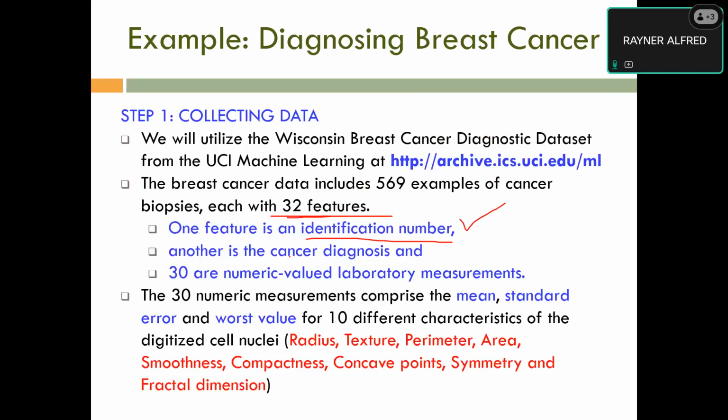Another one is the cancer diagnosis, so this is your label. The other 30 are numeric laboratory measurements. Notice that all these values have different ranges, so we can use a normalization method, for example min-max or z-score, to normalize them. We have around 569 examples of cancer.